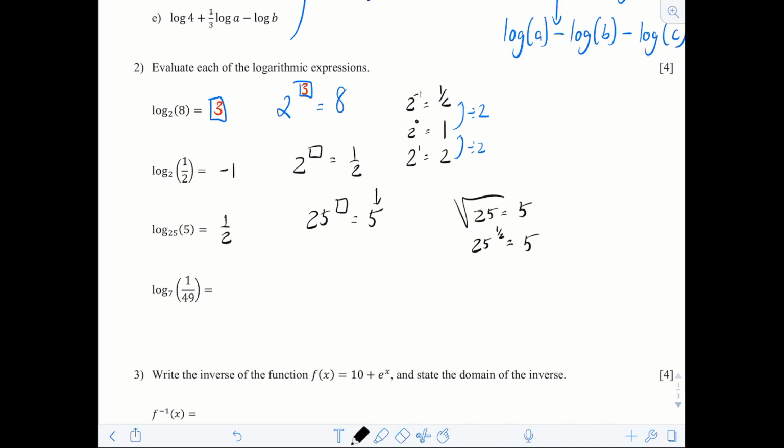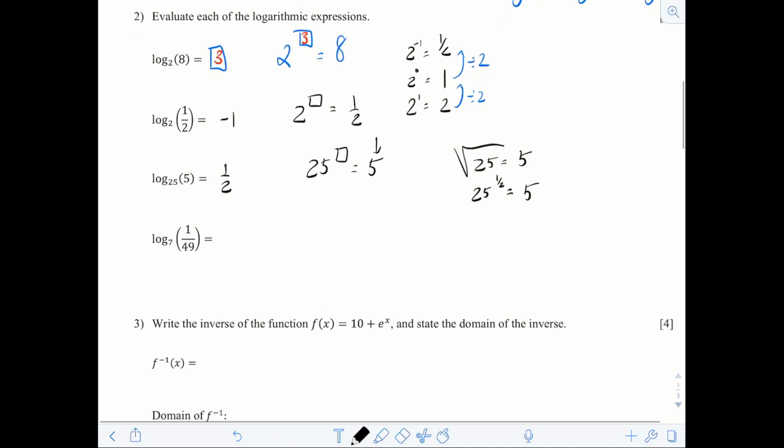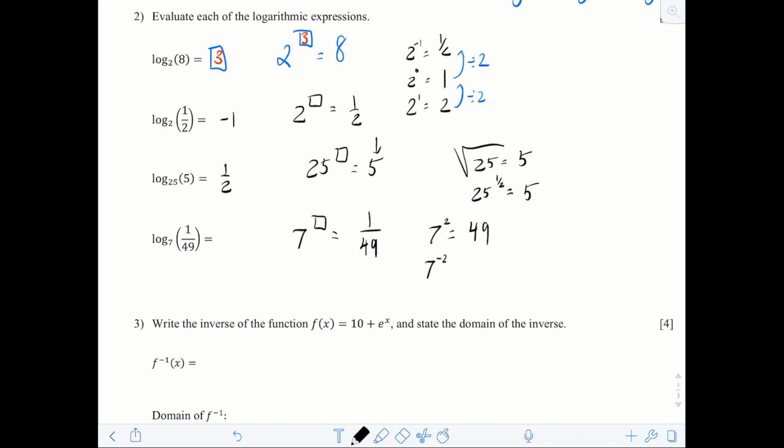So the answer is 1/2. Lastly, 7 to the something power gives me 1 over 49. There are a bunch of things happening here. I know 7 to the second is going to give me 49, but how do I get it on the bottom? So I would write 7 to the -2, and that would give me 1 over 49. So -2 is your answer.